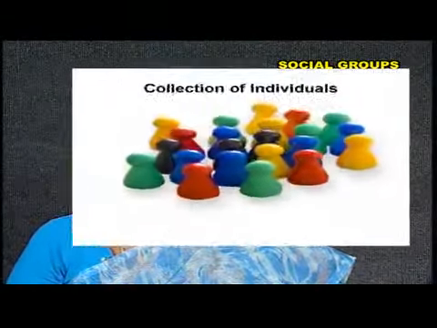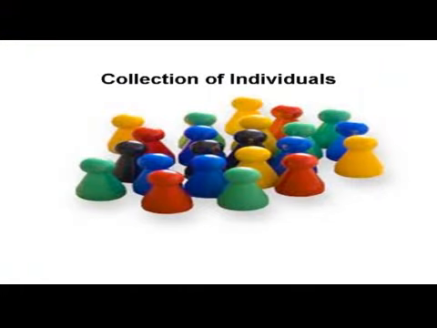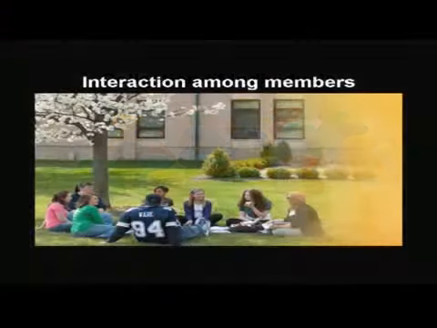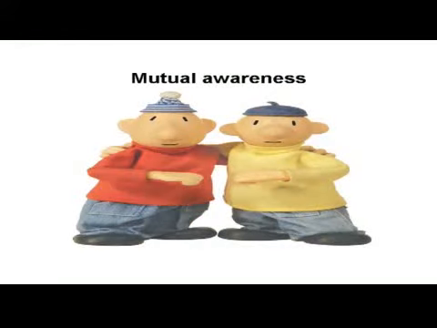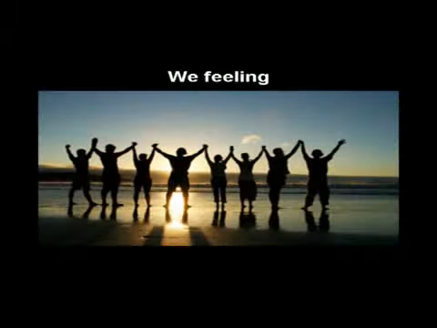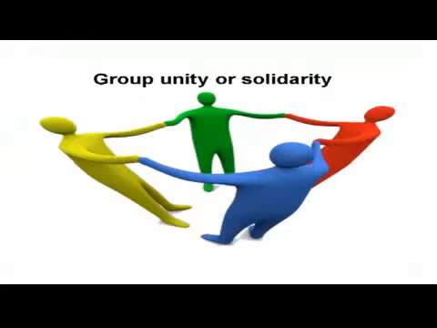Now, I will explain some of the characteristic features of social groups. The characteristic features of social groups are as follows: 1. Collection of individuals. 2. Interaction among members. 3. Mutual awareness. 4. We feeling. 5.